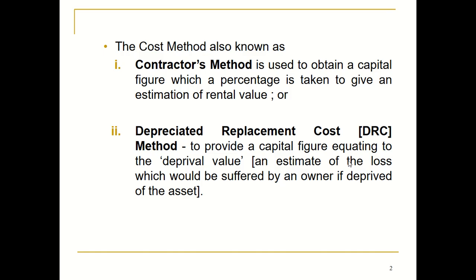We have the contractor's method, used to obtain a capital figure from which a percentage is taken to give an estimate of rental value, or the depreciated replacement cost method to provide a figure equating the depreciable value. It is an estimate of the loss which would be suffered by the owner if deprived of the asset.